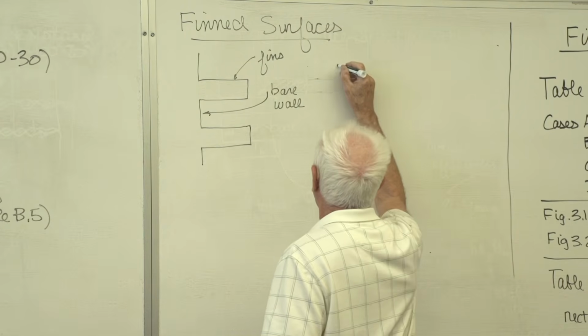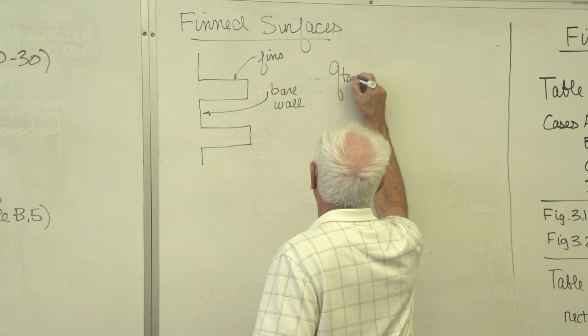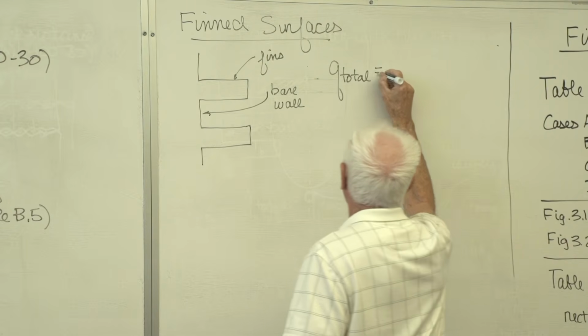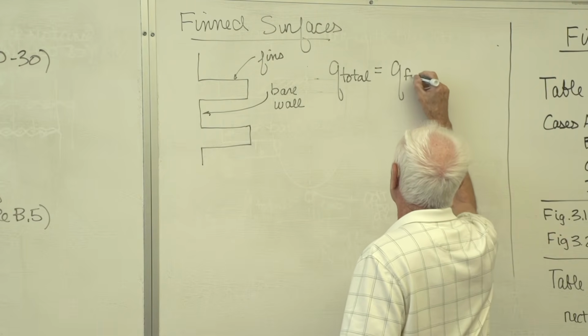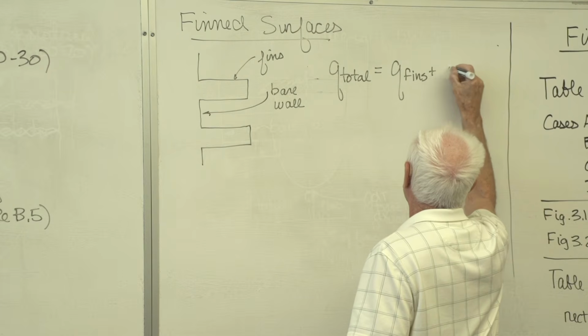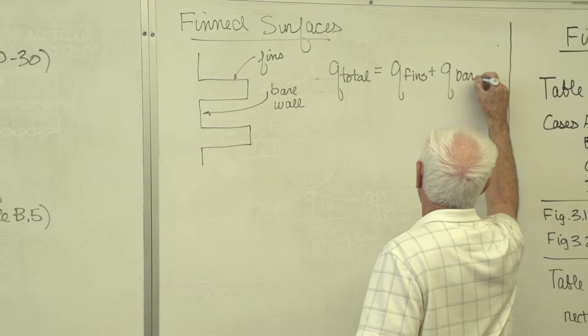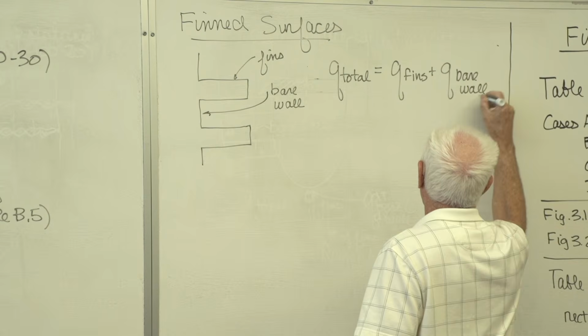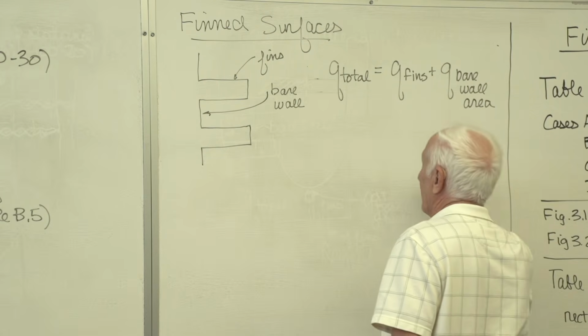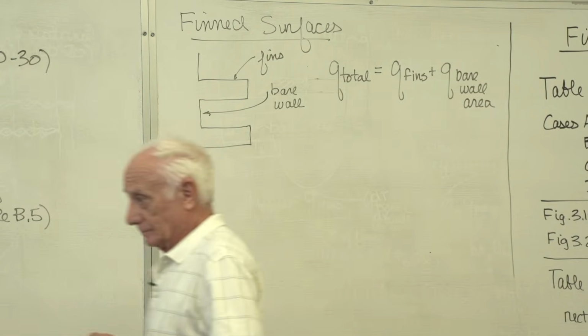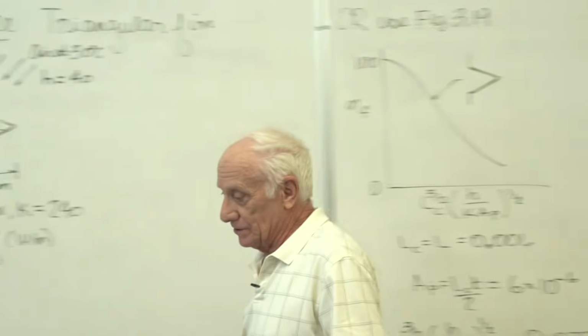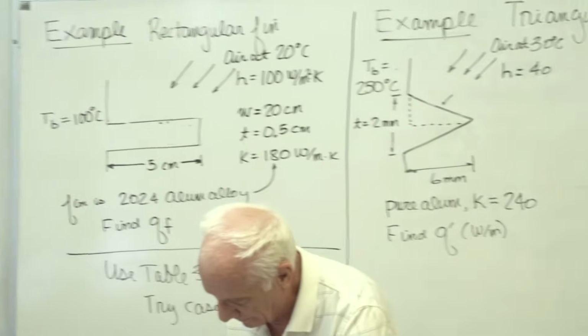So if you want to find, obviously, the total heat loss by the finned wall, you take Q loss by the fins plus Q loss by the bare wall. Okay, so it's pretty straightforward to do that.